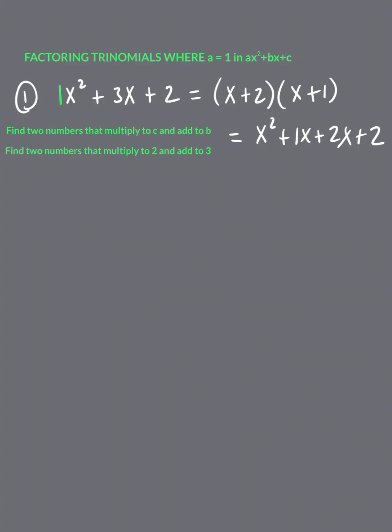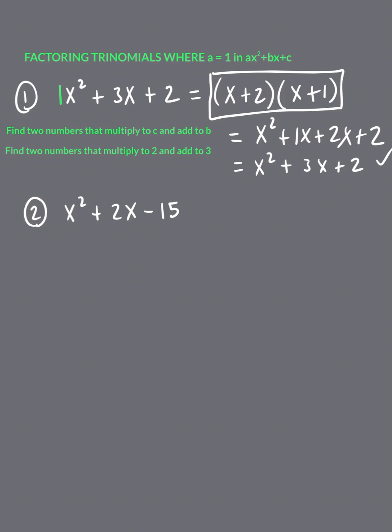And now you can see why these are the two numbers that will add together to get b and multiply together to get c. When we combine these like terms, we do end up with our original trinomial. So this is to check our work, and this is in factored form.